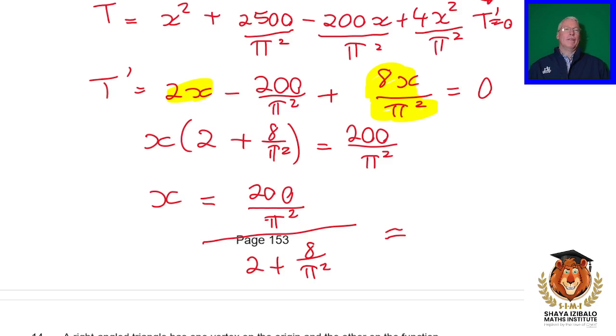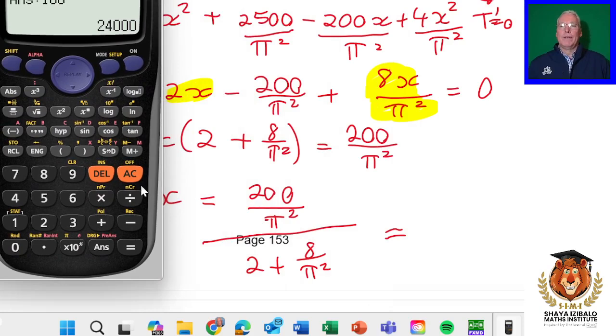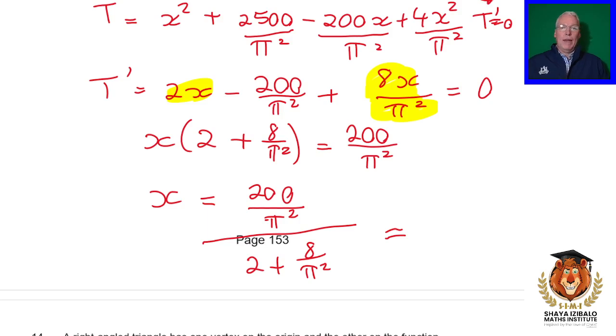Okay, and let's see what we get as our final answer here. (200 over pi squared) over (2 plus 8 over pi squared), and we get 7,21 centimeters.